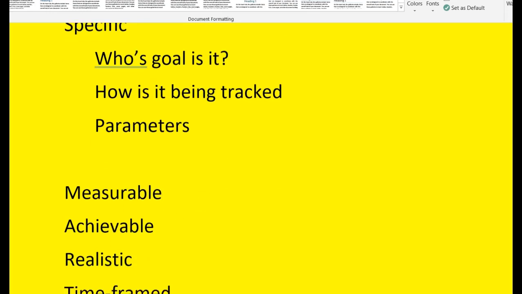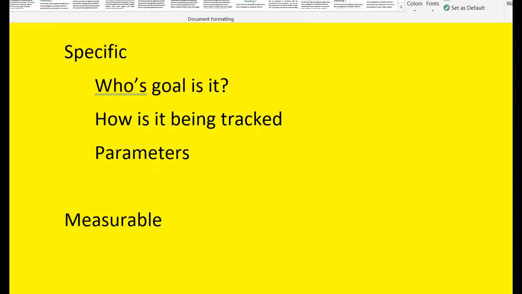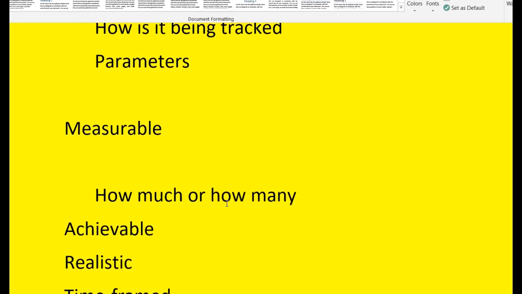Measurable. This seems like it relates to the first one a little bit, but how much or how many. What team members will be in charge of this goal.